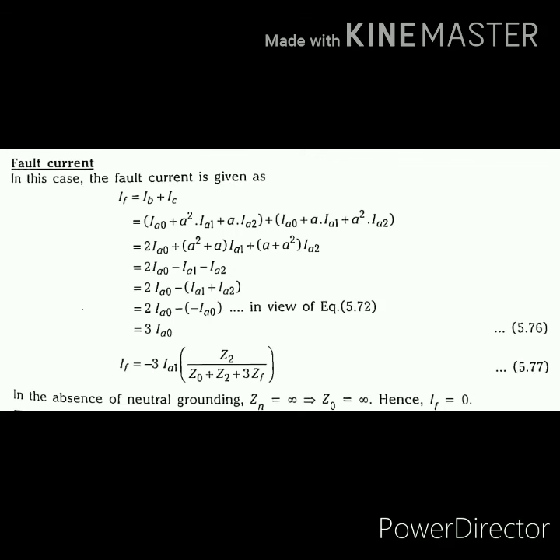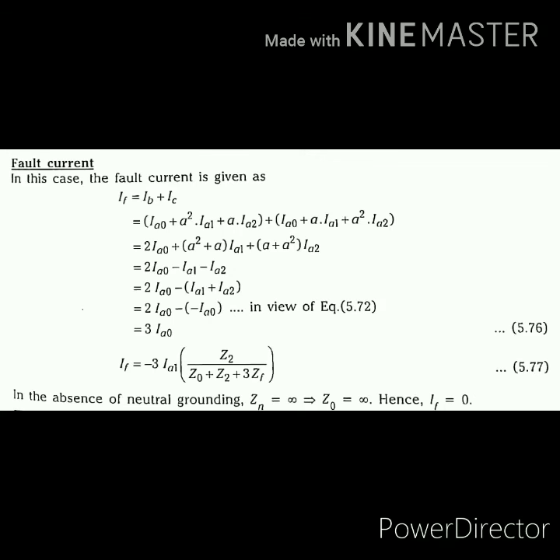IB and IC in terms of sequence components you can just substitute, and after all simplification we get it equal to 3 times IA0. That's why we have written IB plus IC is equal to 3 IA0 when we simplified equation 5.70. So IF we get is equal to minus 3 IA1 into IA0, we have taken from 5.75 and substituted.